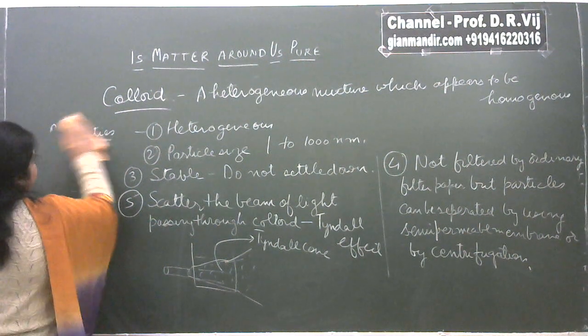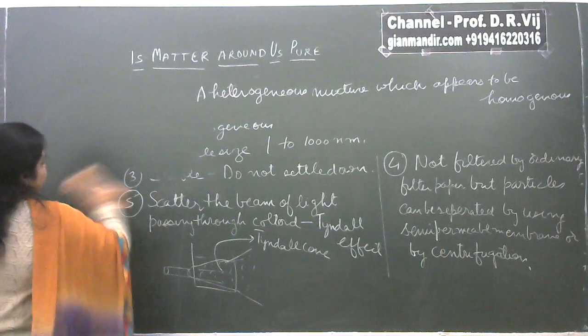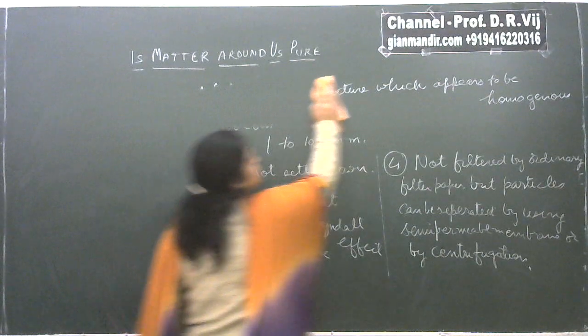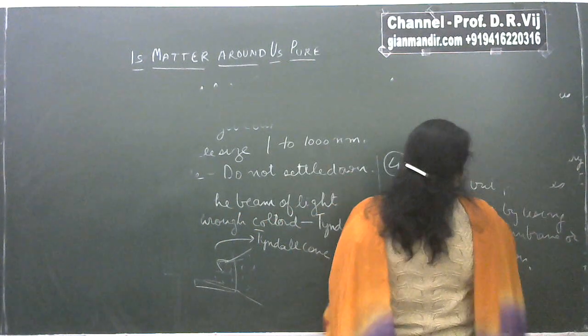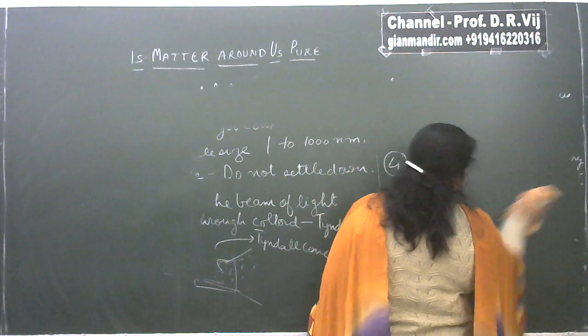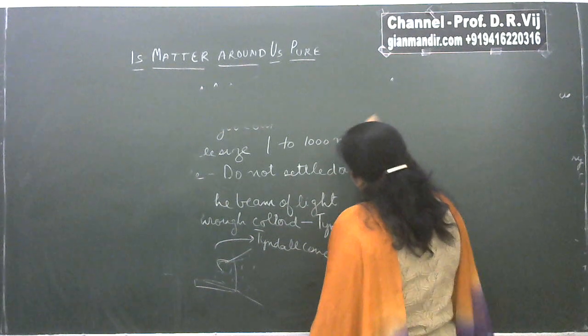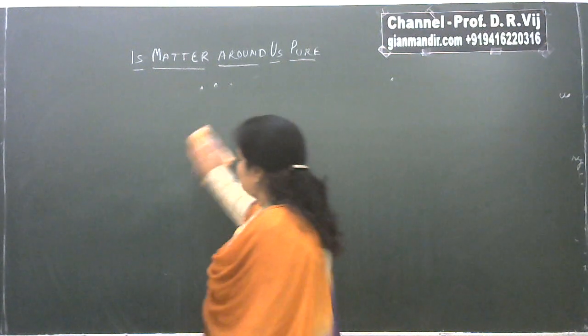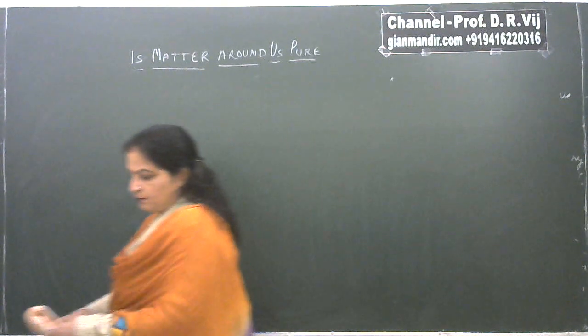And as we have discussed earlier, a solution has two components, solute and solvent. Similarly, there are two components in a colloid also, but this time the components of colloids are known as dispersed phase and dispersion medium.